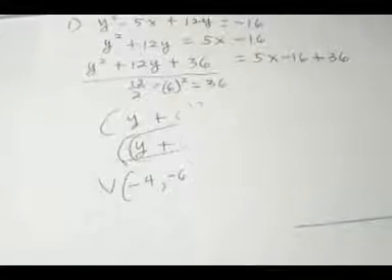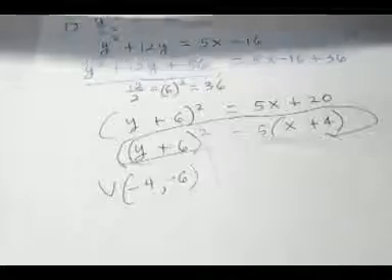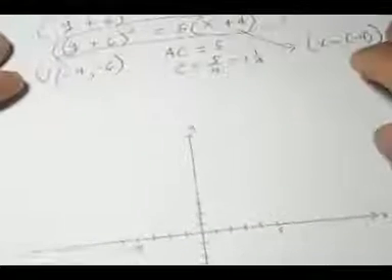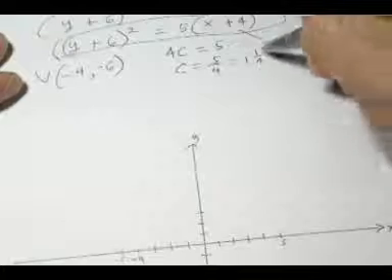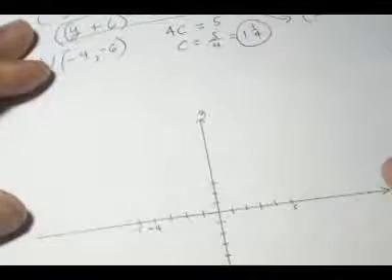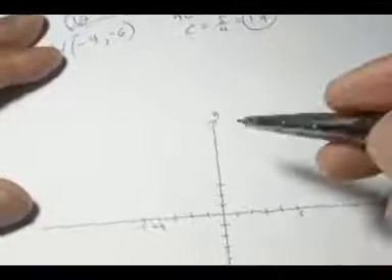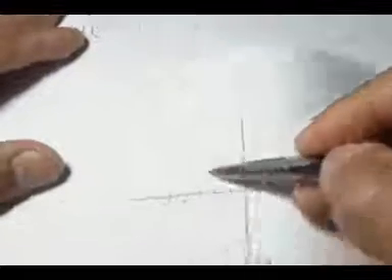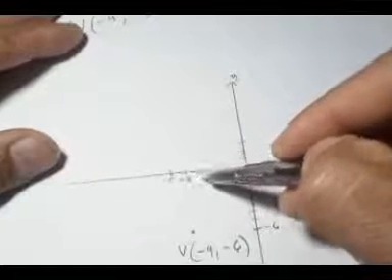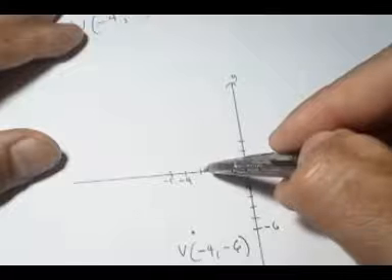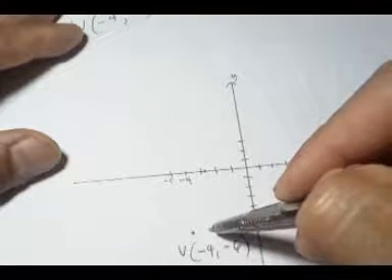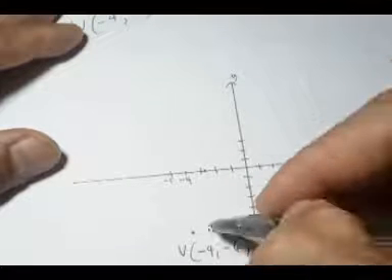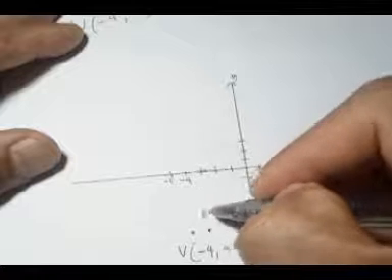And take note, the parabola opens to the right. Then our c is 1 and 1/4. Okay, count 1 and 1/4 from negative 4. So here it's 1/4. So this is now our focus.